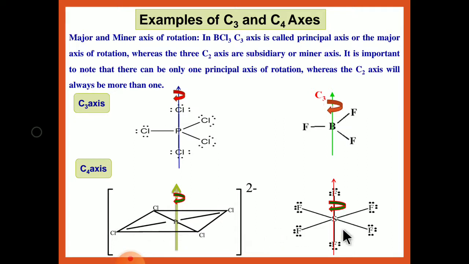So in case of SF6, FSF atoms are passing through this axis. This is the C4 axis, and four fluorine atoms lie on the same plane around this central sulfur atom. This is an example of the C4 axis.